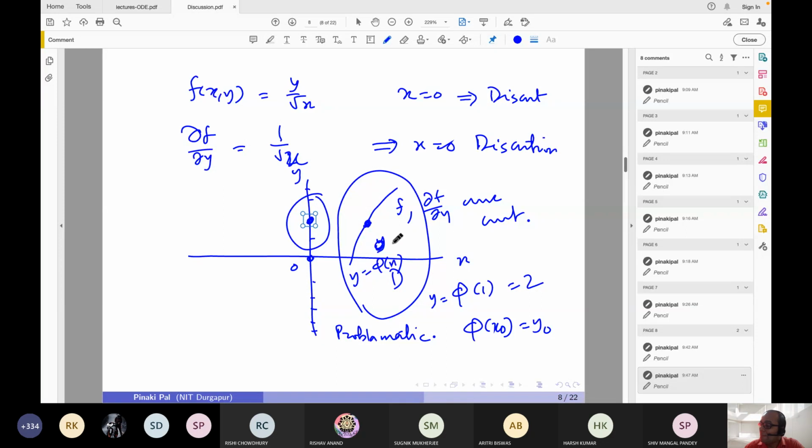In each case the function is unique, say phi 1, phi 2, up to phi n, associated with domain 1, domain 2, and so on.